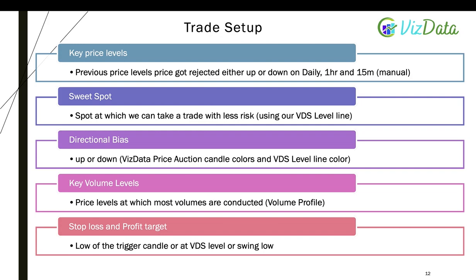Then we have to make sure we take at least 20 to 30 to 40 ticks for a winning trade, right? That way we can make the system more effective and make very good trades. So this is what we call a setup. These are all the factors which go into forming a setup.